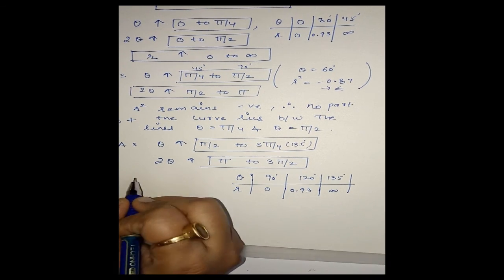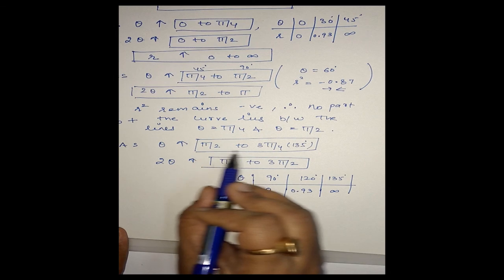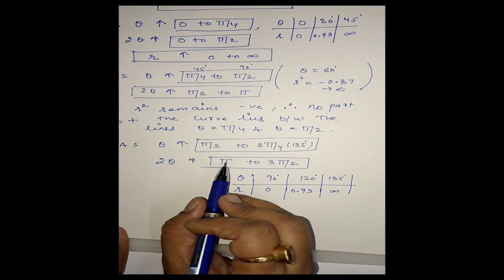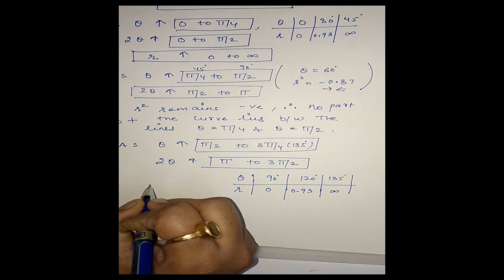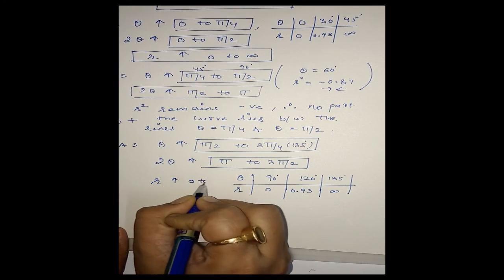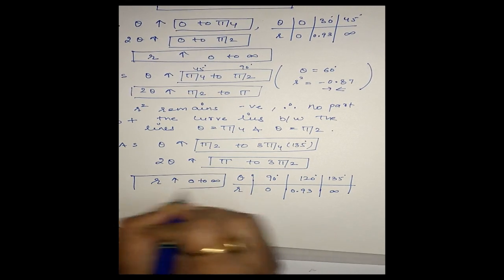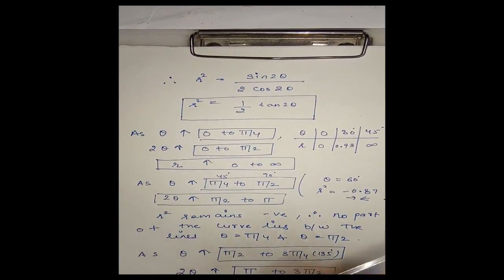That means as θ increases from π/2 to 3π/4, 2θ increases from π to 3π/2 and r increases from 0 to infinity.